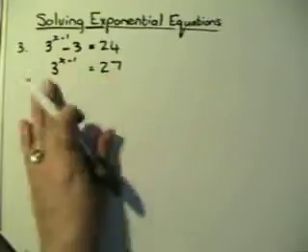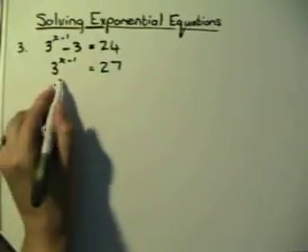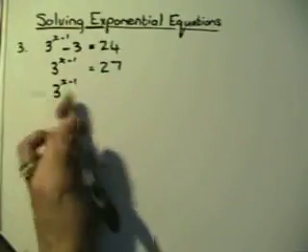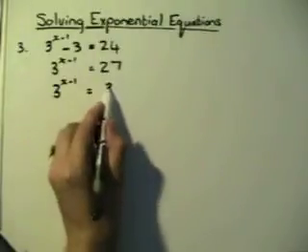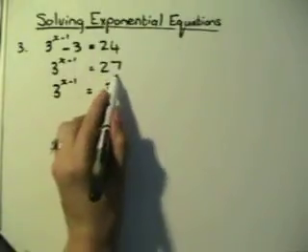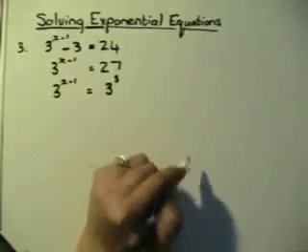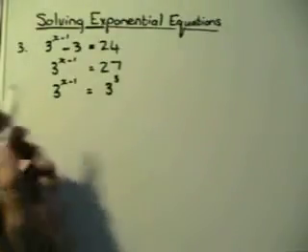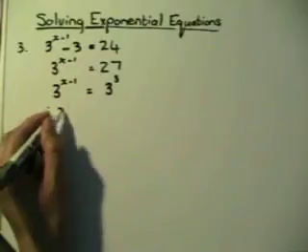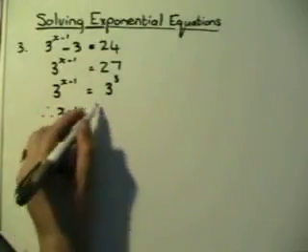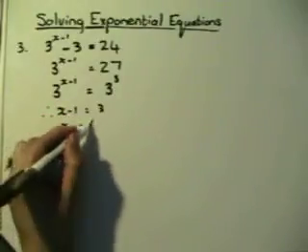Now I have one expression on each side with a power exponent on this side, and I want to rewrite 27 as 3 to the power of 3, again prime factor form. And then I can say that x minus 1 should be 3, so x is 4.